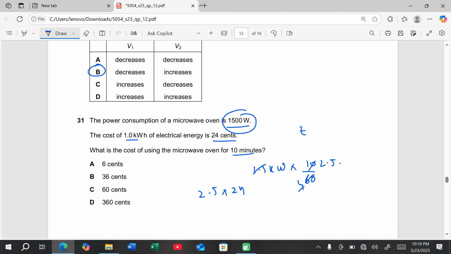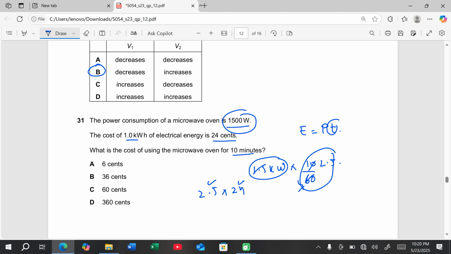because I'm using here E equals P times t. So power I converted into this, time I took into hours, then I multiplied it and I got 2.5, and now I'm multiplying 2.5, which is my energy in kilowatt hours, with this 24 cents, because 1 kilowatt hour is 24 cents.